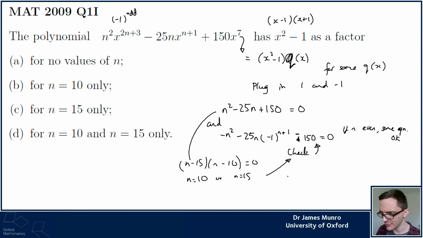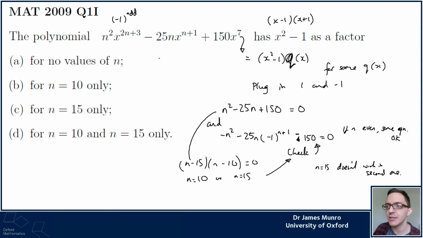So check n equals 15. N equals 15 doesn't work in the second one. Oh dear. When n is 15, the second equation is not 0. It differs by a factor of 25n, which is not 0.